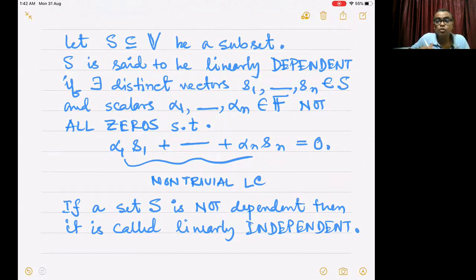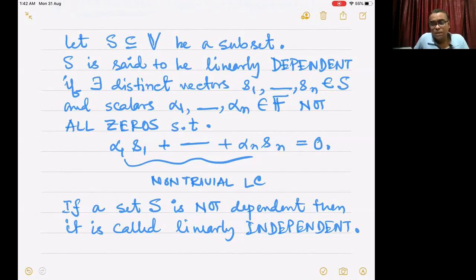If it is not dependent, that means you will not be able to find any finite collection of distinct vectors whose non-trivial linear combination would go to 0. Then and only then it would be called an independent set.